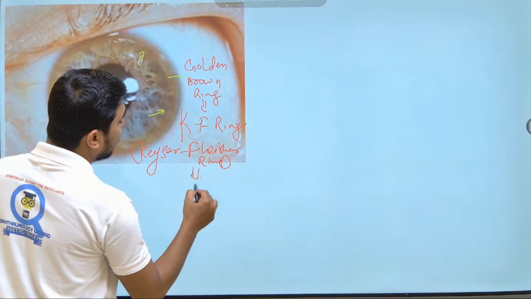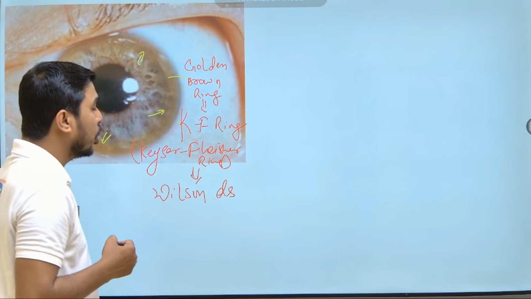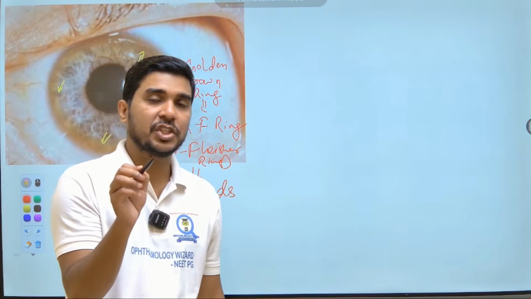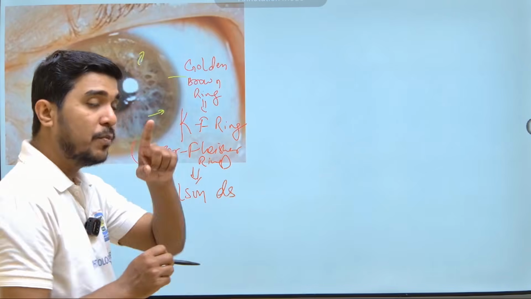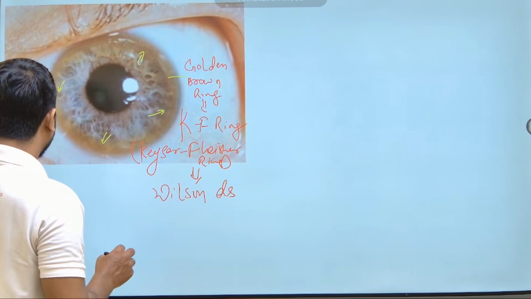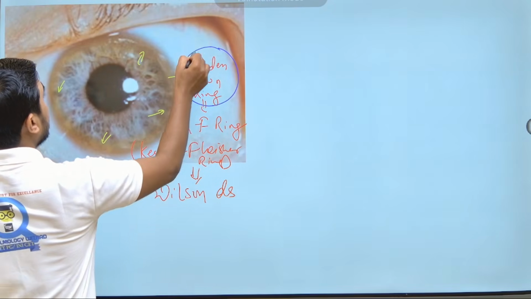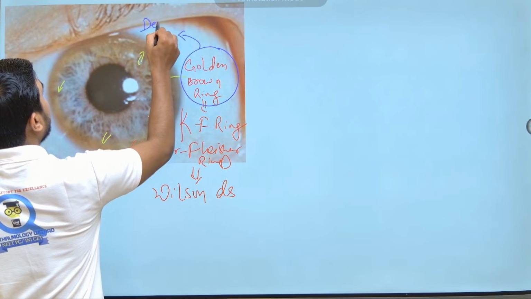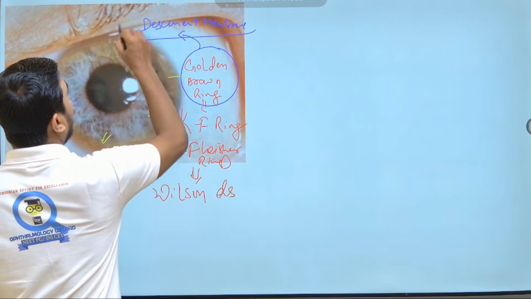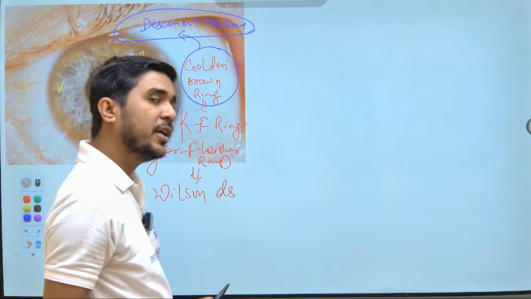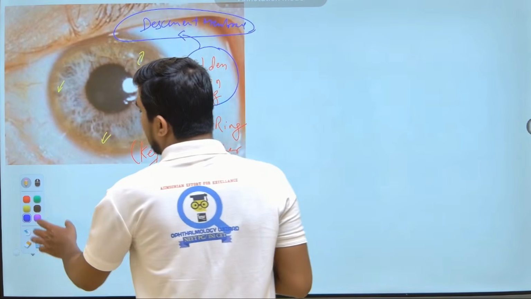You see the Kaiser-Fleischer ring in Wilson's disease, and I already told you about Wilson's disease. The first investigation to diagnose is serum ceruloplasmin; copper is more here. One more important MCQ that they can ask you is in which layer of the cornea this golden brown ring is present. Obviously, it is present in the Descemet's membrane. So this is also an MCQ. Understood? This is all about this MCQ.